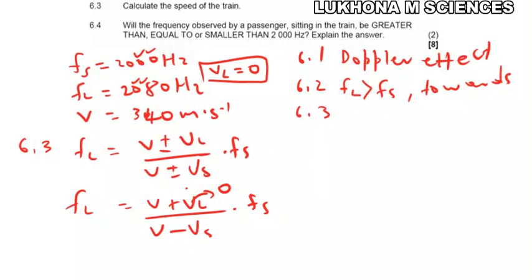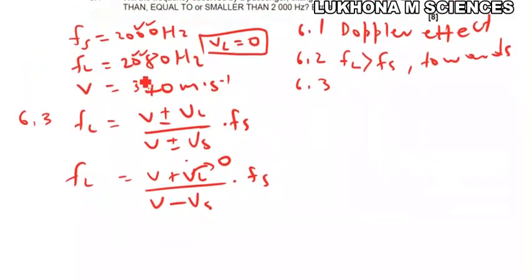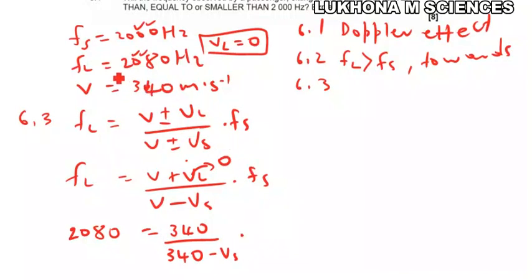Now let's substitute. FL is 2080, so we have 2080. V is 340, so we have 340 plus 0. No, there is no change. So we have 340 minus Vs, times Fs, where Fs is 2000.